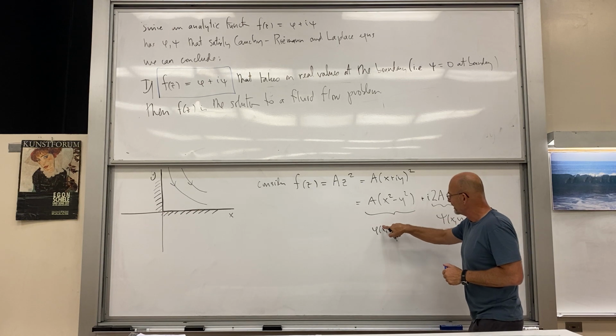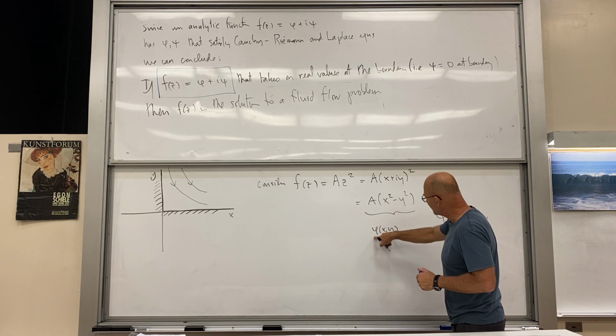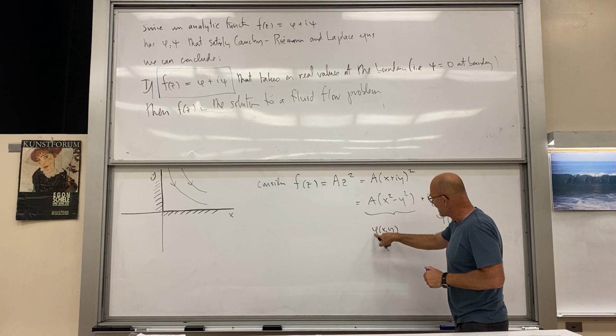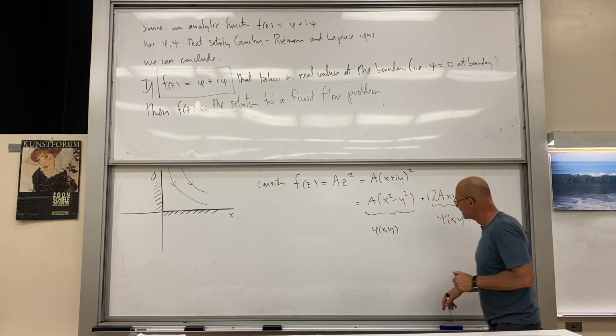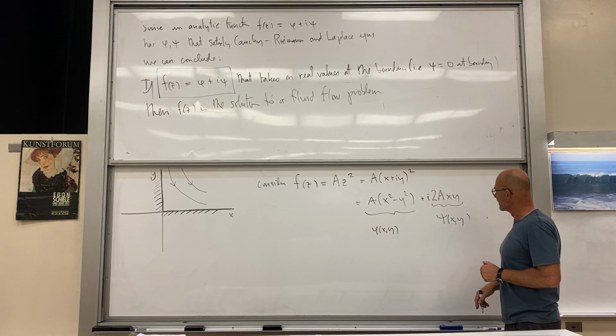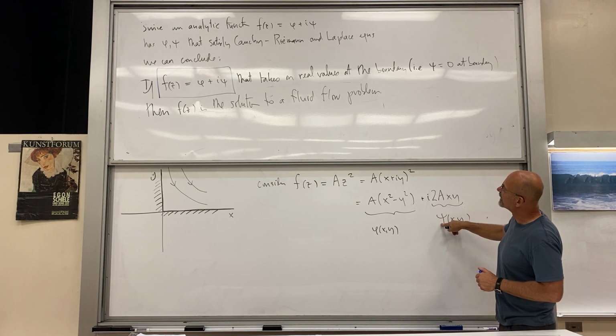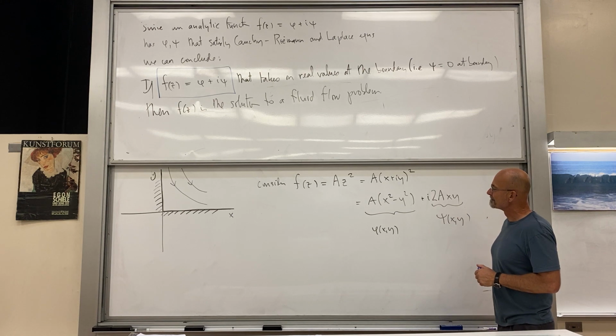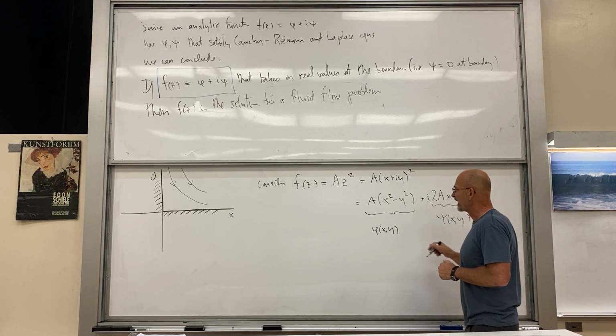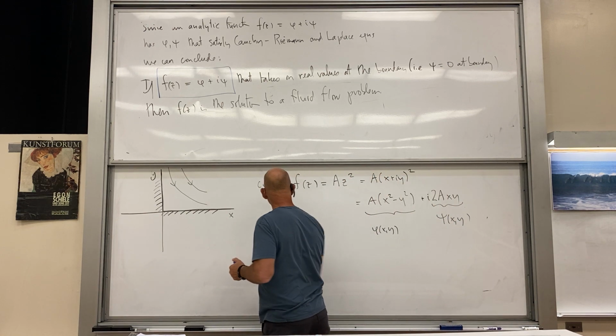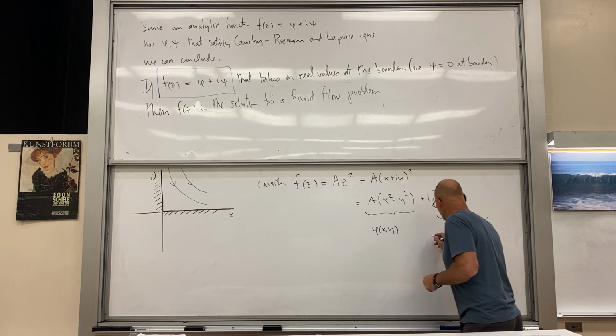That means that you're going to get the v sub x and v sub y out of this function here. And these curves you're going to get right there. Streamlines here. I drew these streamlines. So let's look at this.